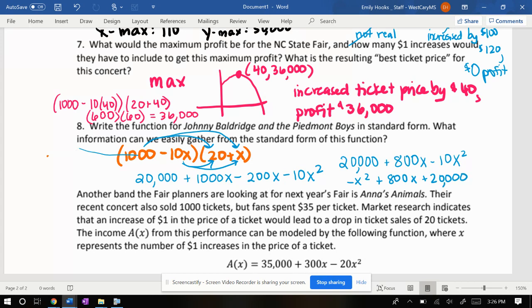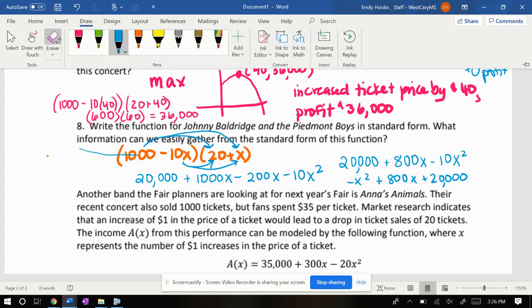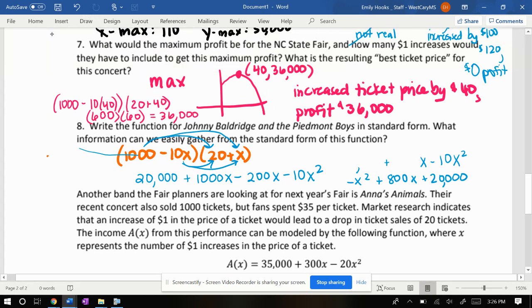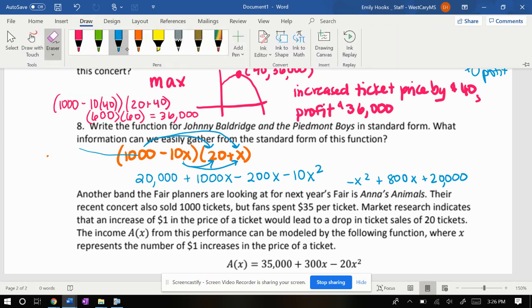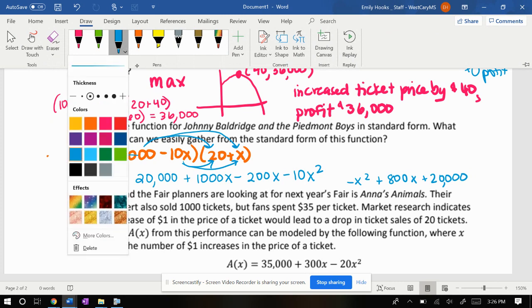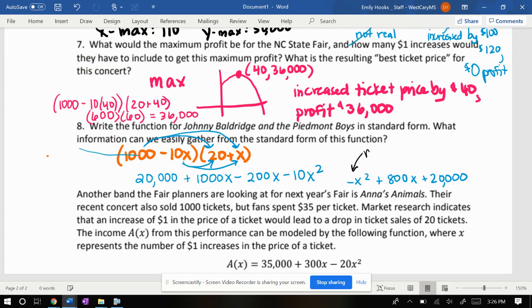I'm going to erase that top part and we're going to write some information.